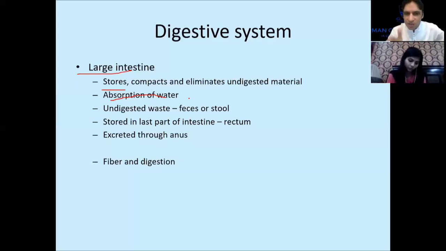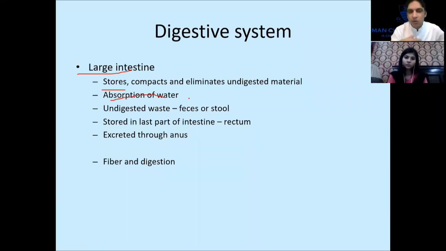And you know, in the last part of the small intestine, most of the worthy materials, most of the important materials are absorbed by the blood in the villi, and whatever is left is now undigested food. So it should be expelled or eliminated from the body.